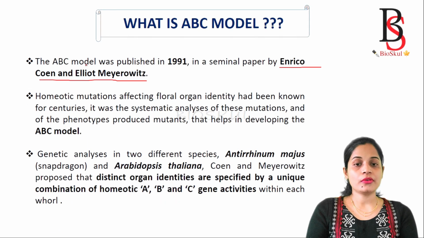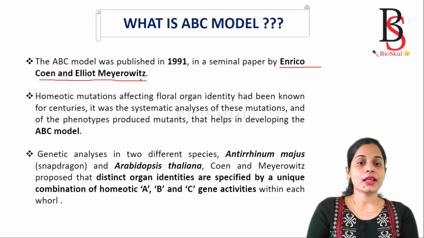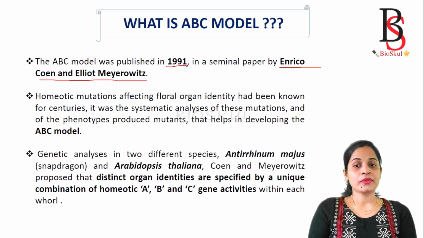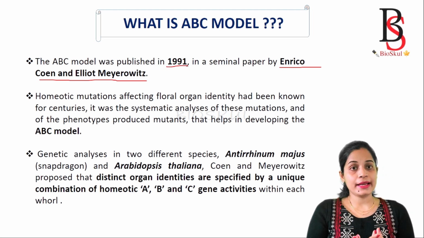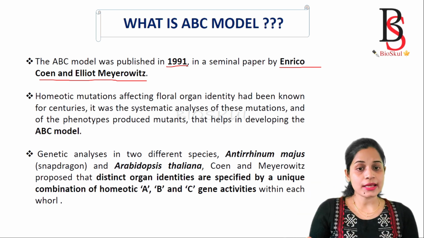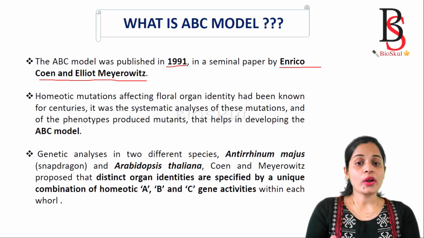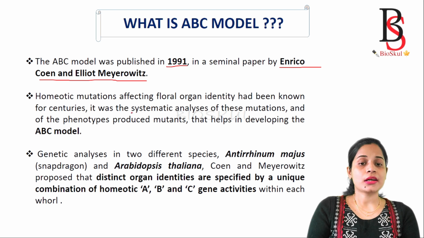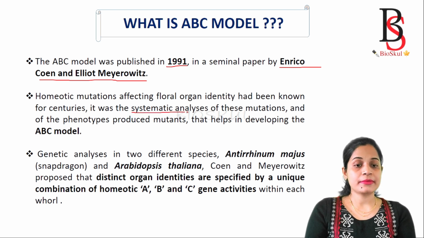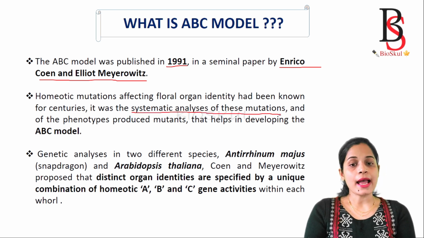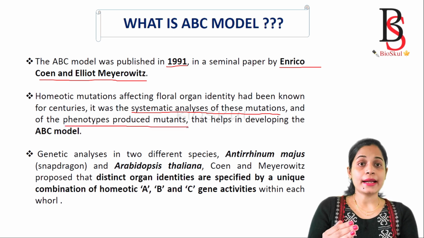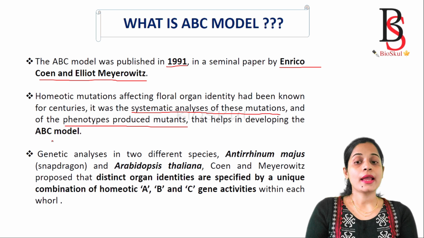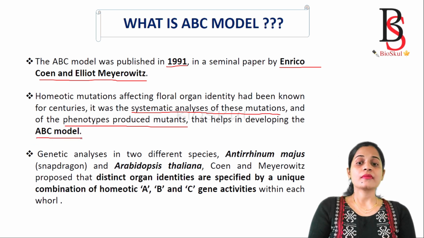The ABC model was published by Coen and Meyerowitz in the year 1991. Homeotic mutations affecting the floral organ identity have been known for centuries, but Coen and Meyerowitz analyzed systematically these mutations and the phenotypes produced by the mutants, which helped in developing the ABC model.